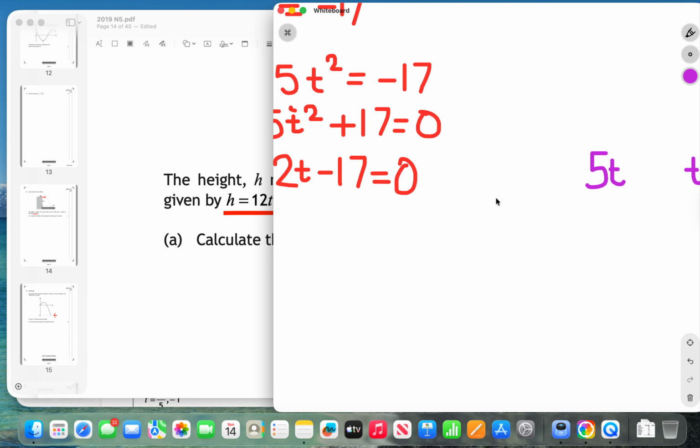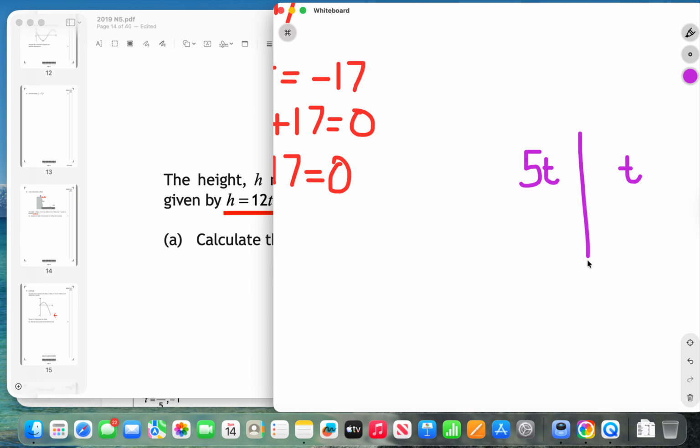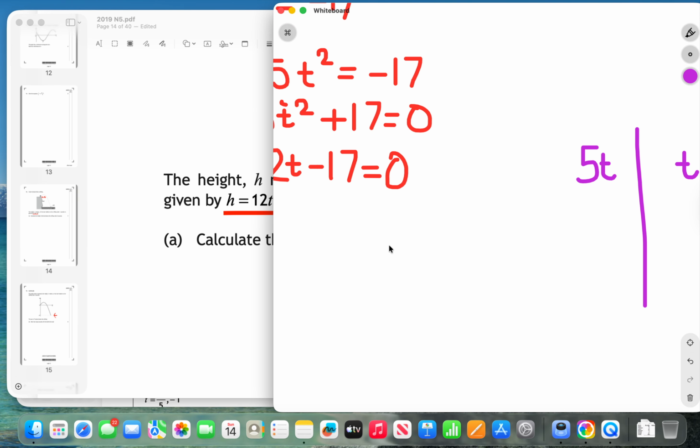Now the way we do this is we have 5t squared. So we have, I will do this in purple, we have 5t and t multiplying each other to make 5t squared.